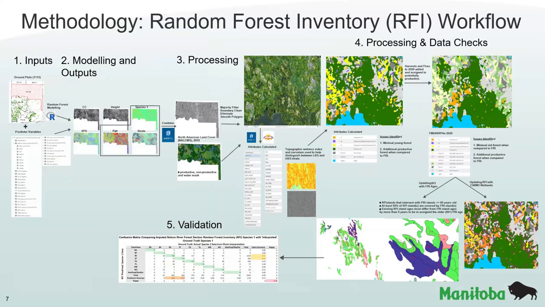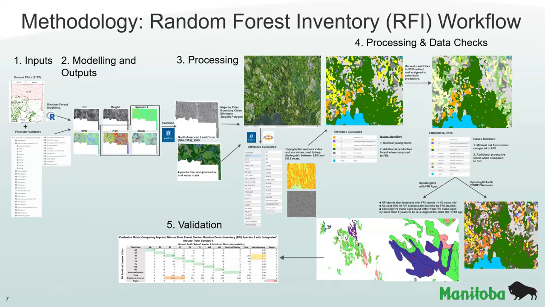At the time, the approach we took, we used random forest modeling, so we called it a random forest inventory. We had some ground plot data. We downloaded a lot of predictor variables, Sentinel imagery, Landsat imagery, did some modeling in R, random forest modeling, and created some output raster products.